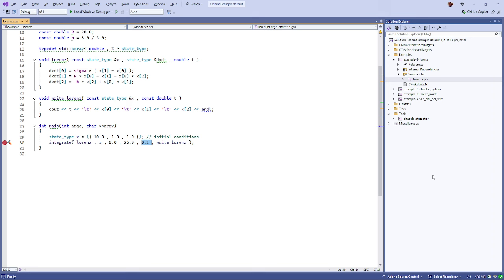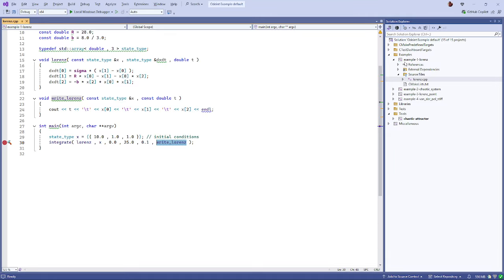We're taking fixed size steps with this integrate algorithm. And there's an overload of this algorithm that lets you supply a function that will be called every time a new state value is produced. And in this example, it's just a function that writes the new state out to standard output.